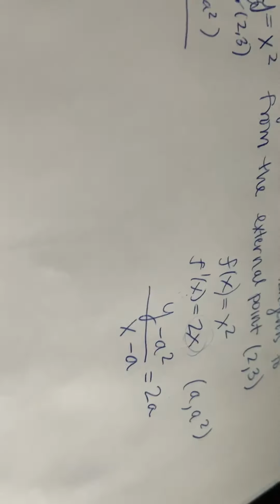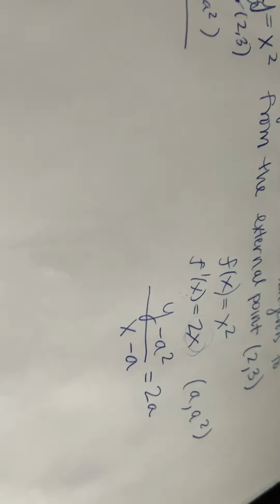Okay, so now I'm going to do the same thing that I've been doing, and that is multiplying by the denominator. So I'm going to have y minus a squared equals 2a times (x minus a). I'll distribute, so I'll have 2ax minus 2a squared. And then I'll add that a squared over.